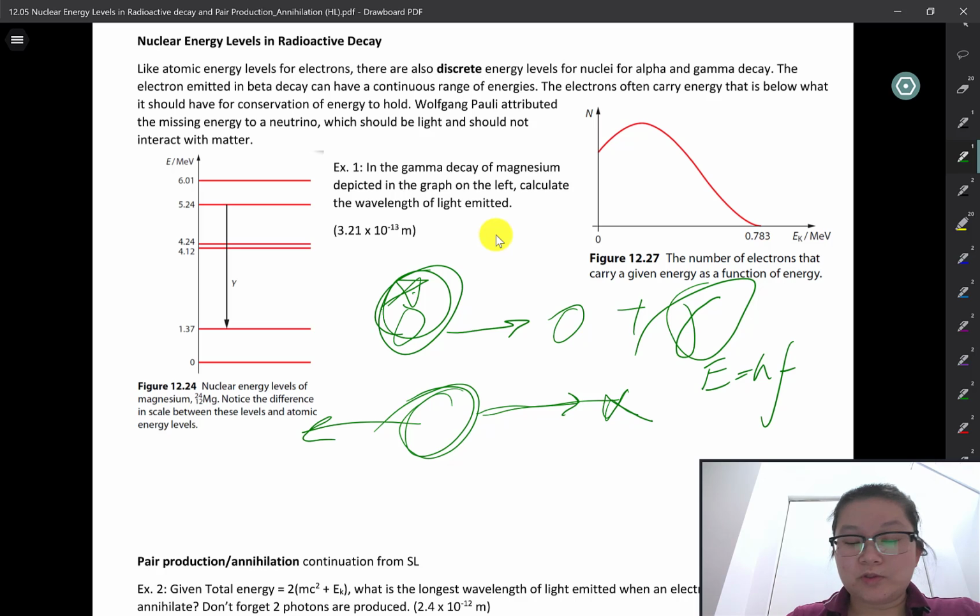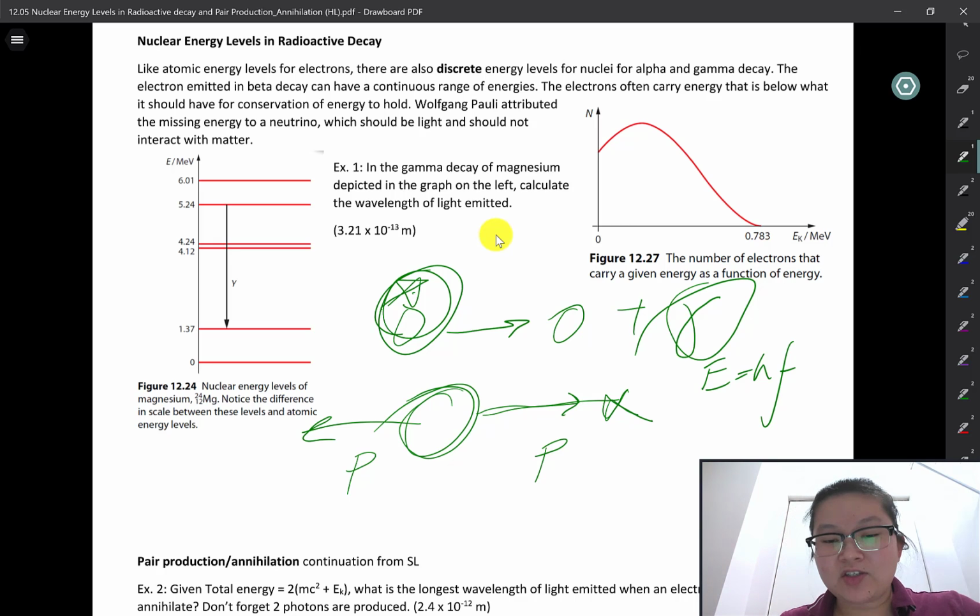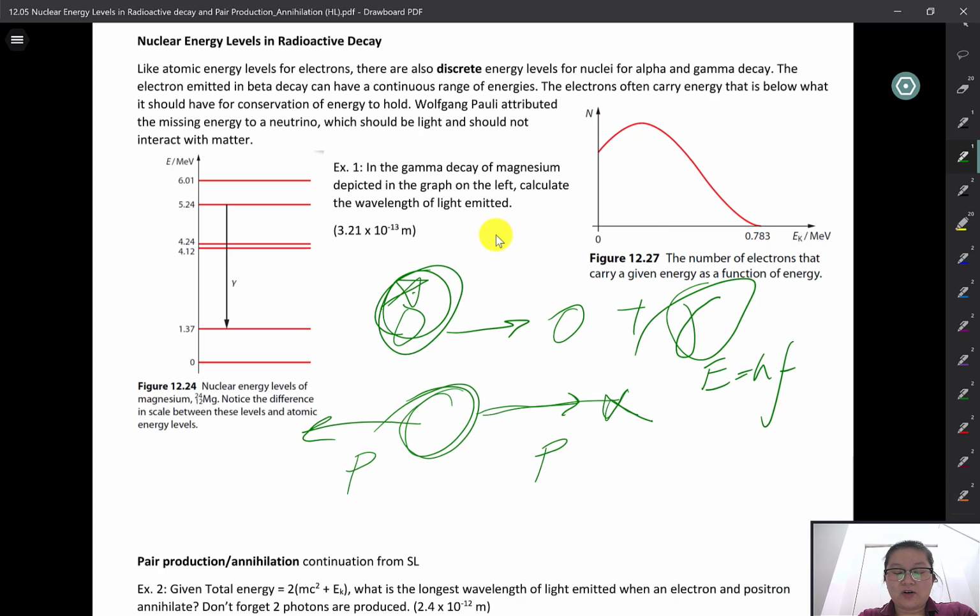So according to Newton's third law, the momentum of this big particle going this way versus the momentum of the alpha particle in the other direction, the magnitudes are equal and the directions are opposite.